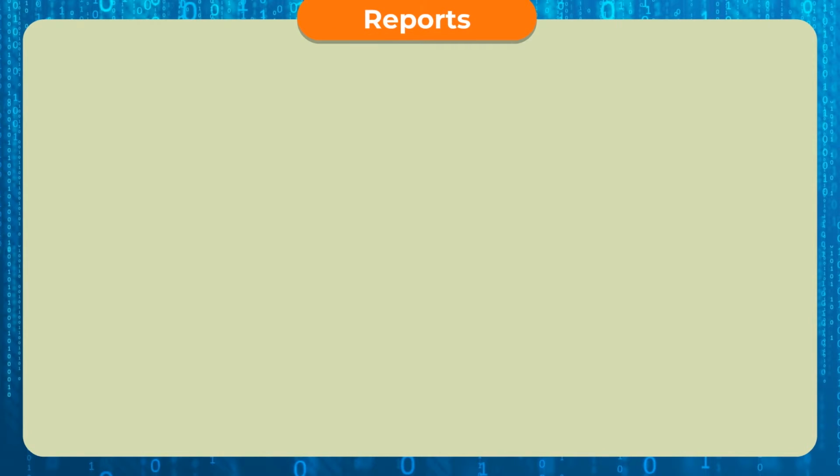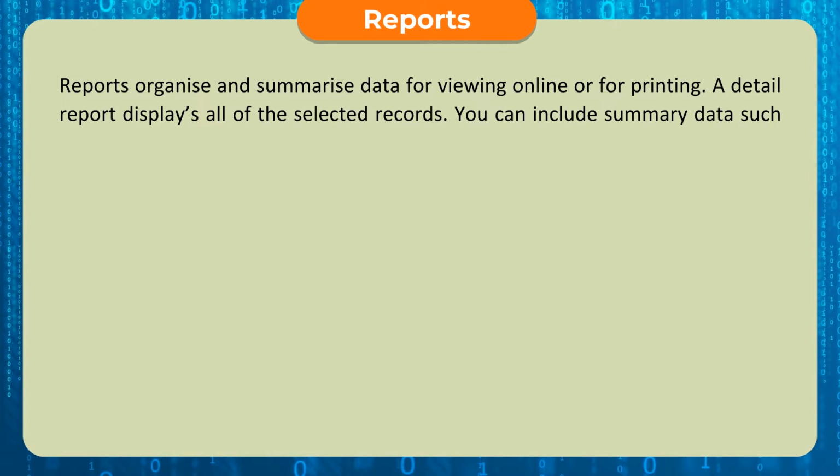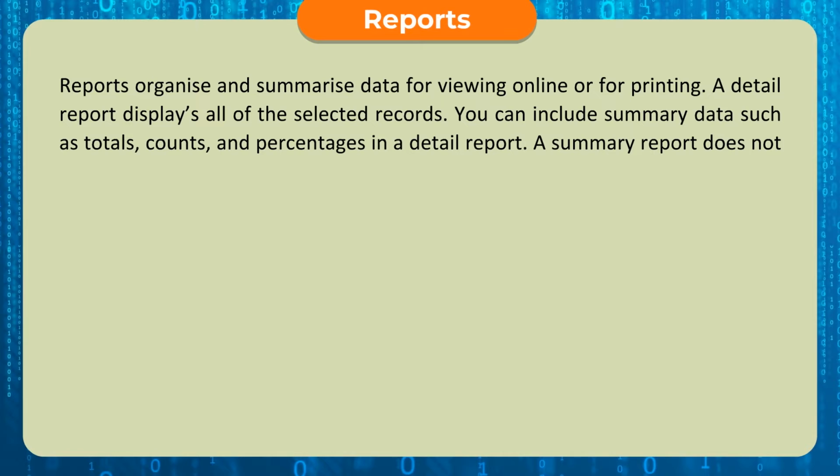Reports. Reports organize and summarize data for viewing online or for printing. A detailed report displays all of the selected records. You can include summary data such as totals, counts, and percentages in a detailed report.